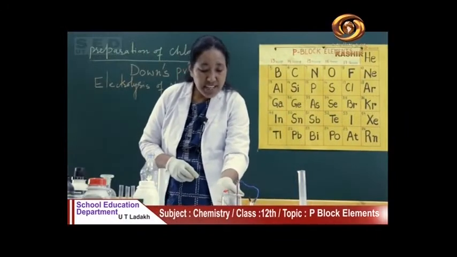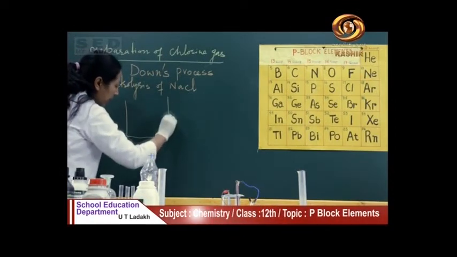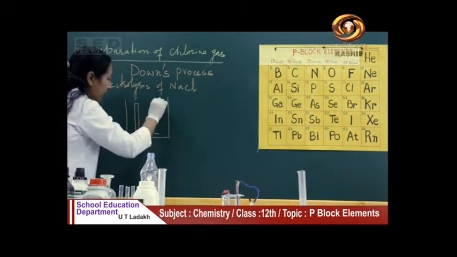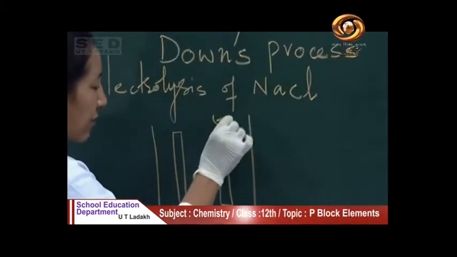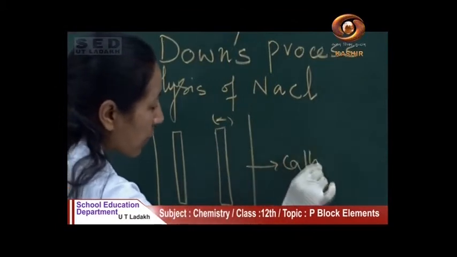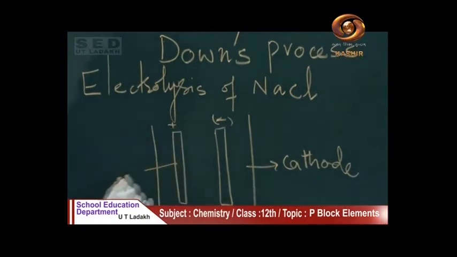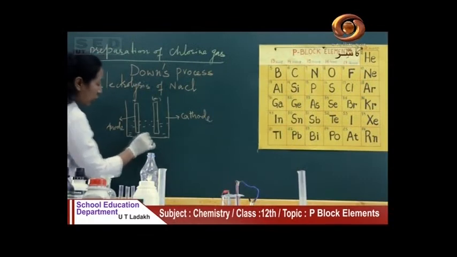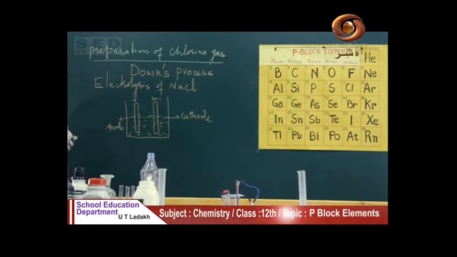By setting up this apparatus with one graphite electrode and another graphite electrode, the negative electrode is called the cathode and the positive electrode is called the anode. Dissolve solid NaCl in water and prepare an aqueous solution of NaCl.